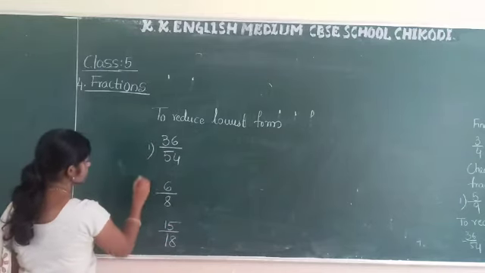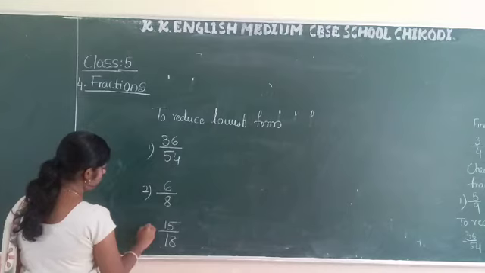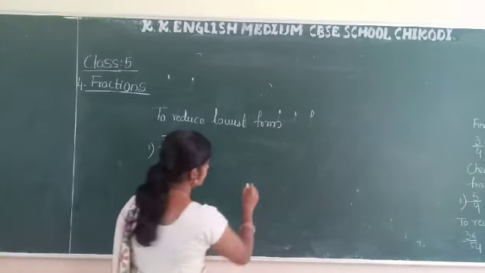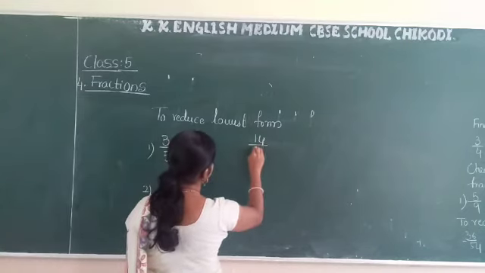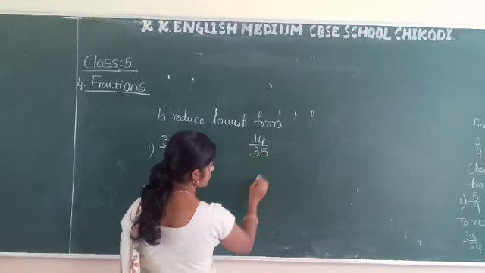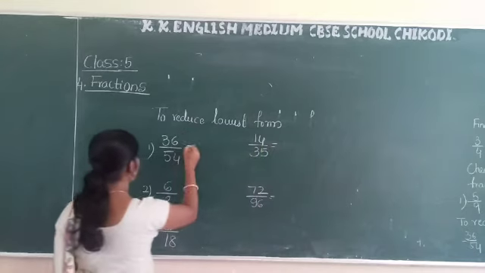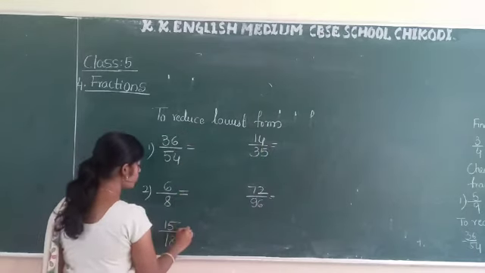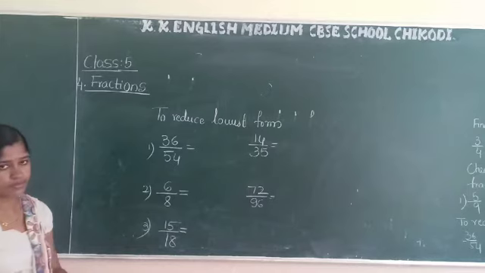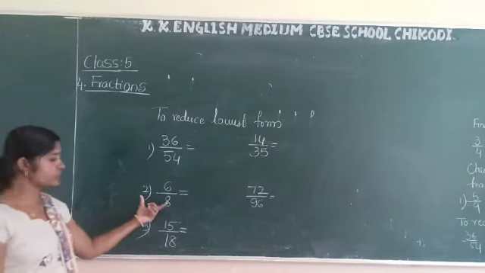I will go with small examples. Next 14 by 35, next 72 by 96. For this you must know the tables.